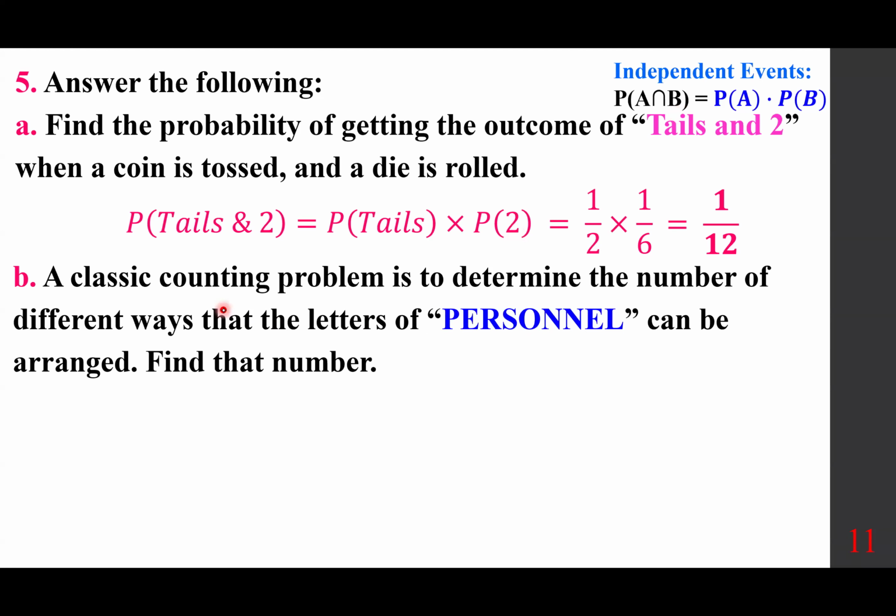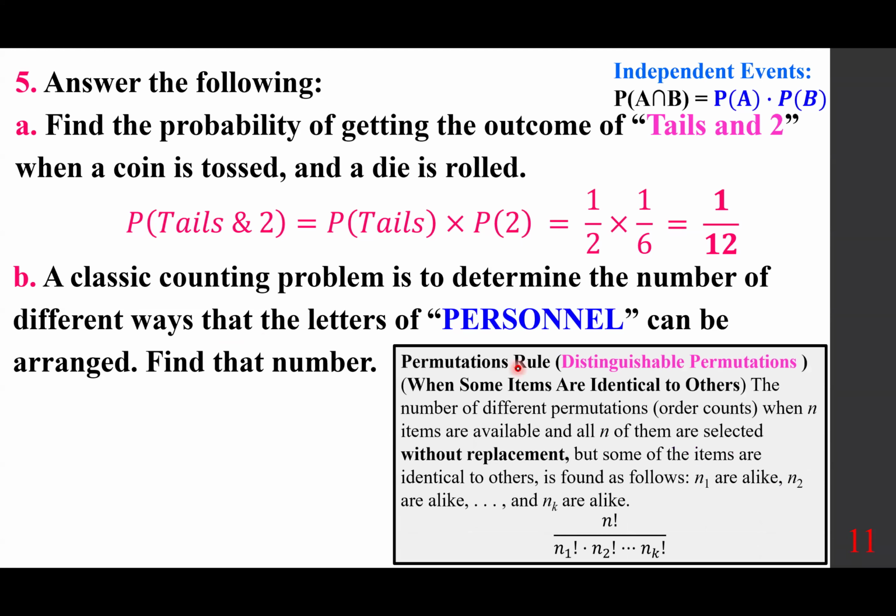A classic counting probability is to determine the number of different ways that the letters of a word can be arranged. So here's what we call the permutation rule, distinguishable permutation. When some items are identical to others, the number of different permutations, where order counts, when n items are available and all n of them are selected without replacement, but some of the items are identical to others, is found as follows.